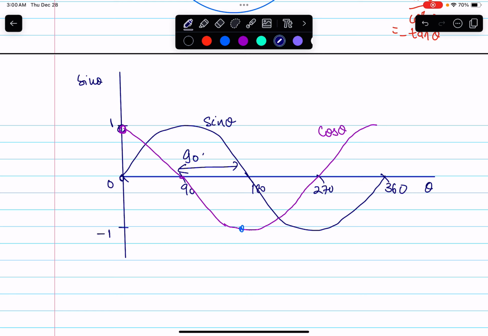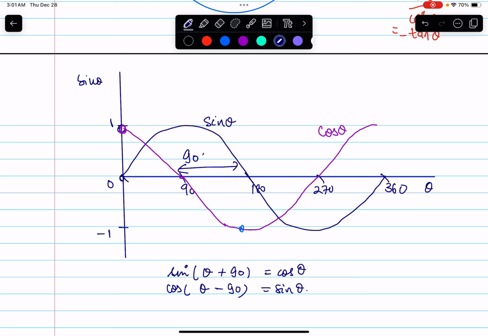So if you take the sine of theta function and shift it to the left by 90 degrees, sine of theta plus 90 is just cosine of theta. And similarly, cosine of theta minus 90 is sine of theta.